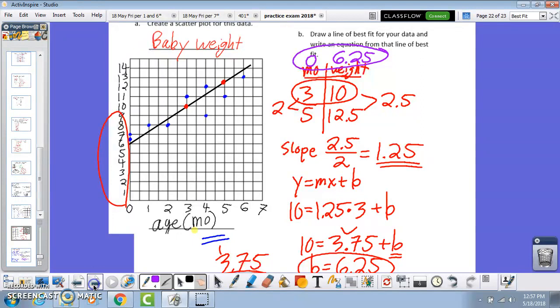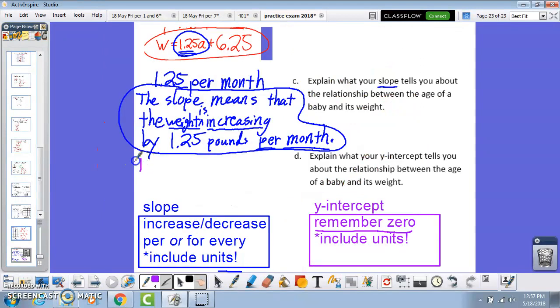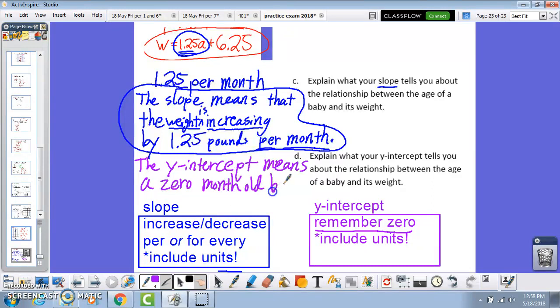So you would say the y-intercept means a 0-month-old baby weighs, let's see, what's my y-intercept? 6.25 pounds. Now that is definitely a proficient answer. And you could write that and that would be totally fine.